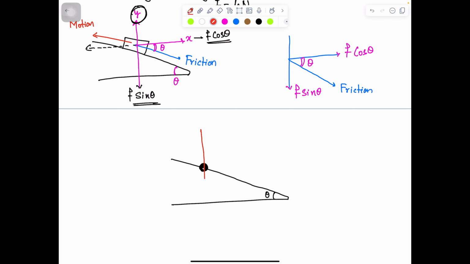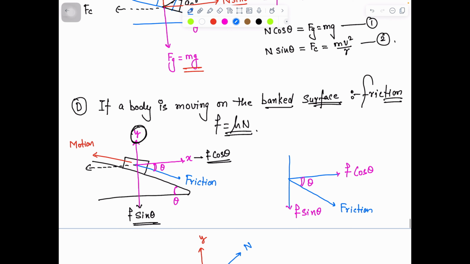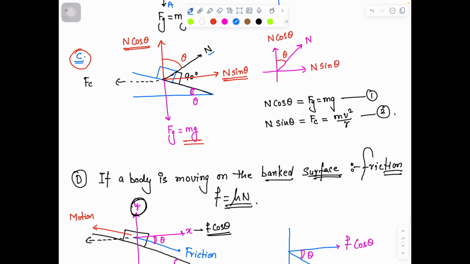So this is your x-axis, this is your y-axis. Till here clear? Easy. Now guys, draw the normal. So this is your normal. I taught you this thing. Just go back. This is your normal.